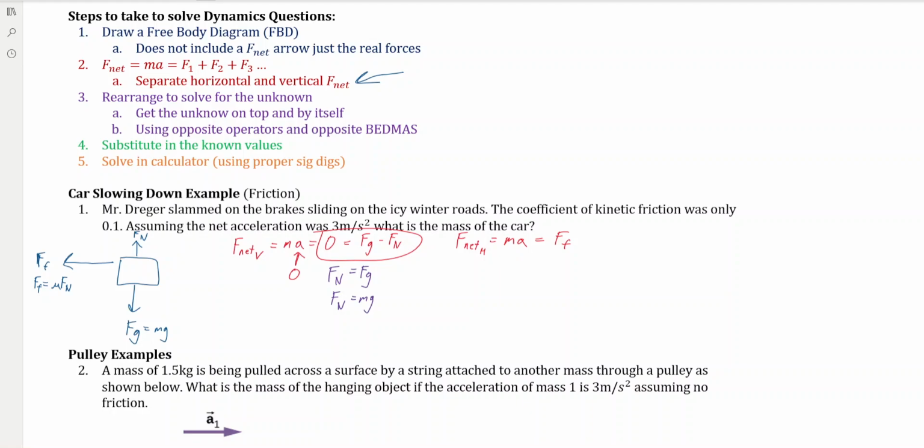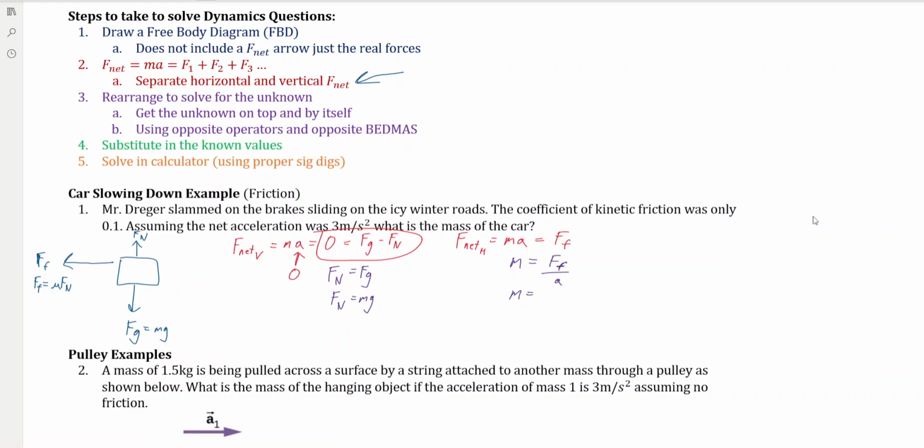With that in mind, we're solving for the mass of the car, so we're using opposite operators to get the unknown on top and by itself. Divide by a on both sides, so we get F divided by a. It was multiplying by a, now it's dividing by a to move it over.